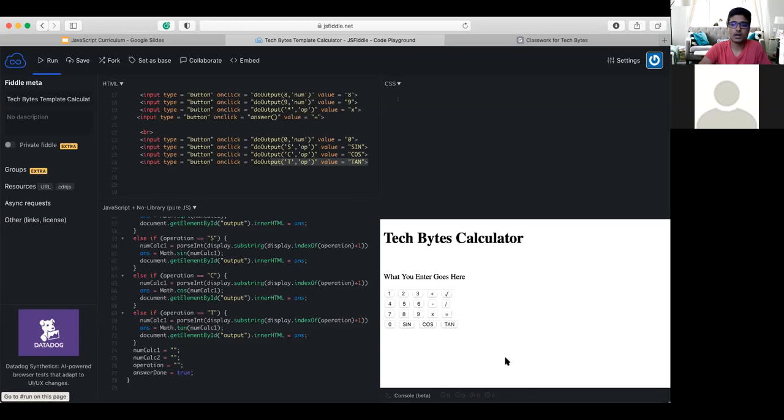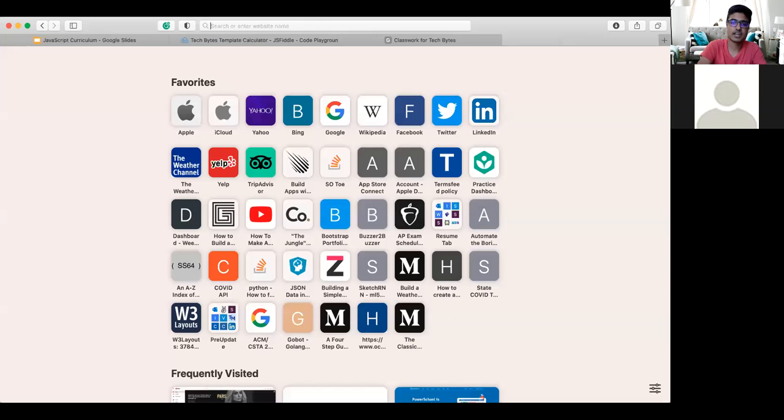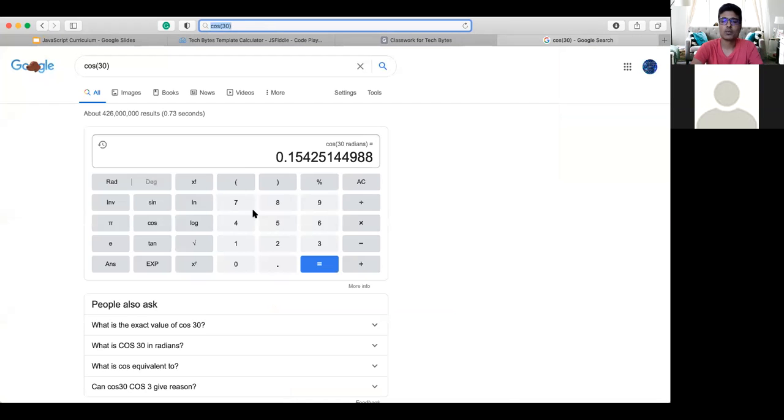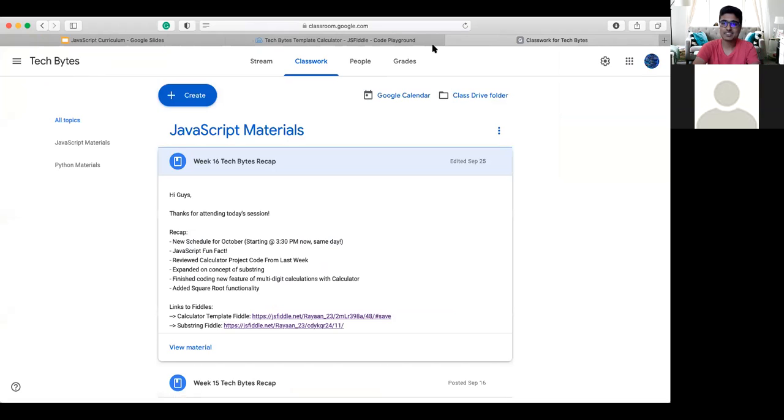So if I hit run now, if I do the cosine of, say, 30, since this is in radians, it gives us 0.154. If I go online and do the cosine of 30, we get 0.154, which is exactly what we coded.